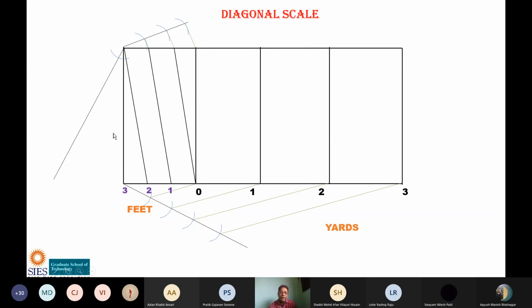So in order to divide the vertical line into 12 inches, I am dividing into 12 parts. So how many arcs will I draw? 12 arcs. So 1, 2, 3, 4, 5, 6, 7, 8, 9, 10, 11, 12. Now the last point will be joined here, like this.